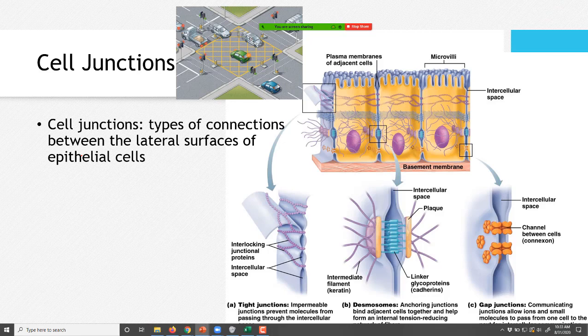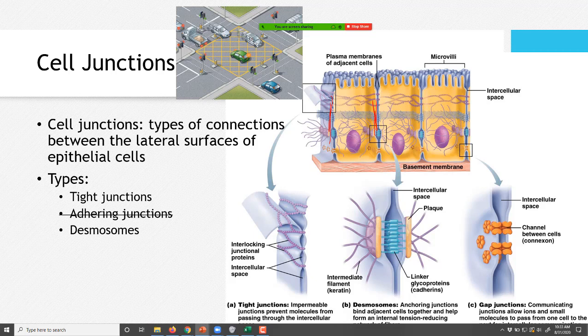Before we go into more about the epithelial tissue, I want to look at these cell junctions. These cell junctions are how the cells within the epithelial tissue get connected to each other. It's done at the lateral surface. Remember, the lateral surface is on either side over here. There are tight junctions, which are so tight that they prevent things from passing through or between the cells.